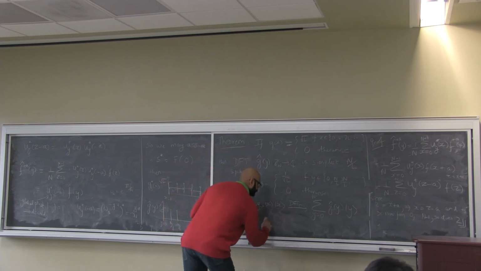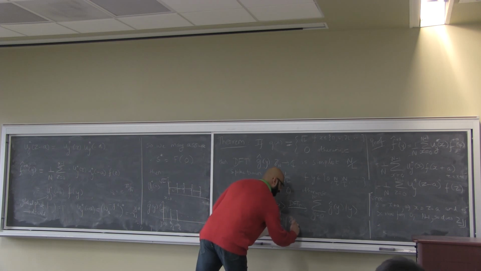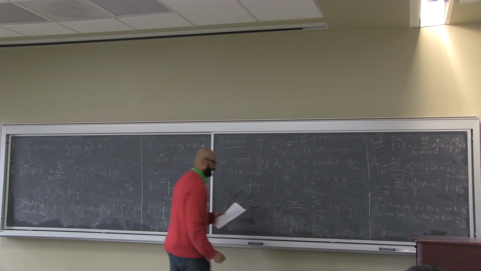Which implies, we know this by this relation, that the summation y equal to 0 to n minus 1 of modulo g tilde of y the whole square must be equal to 1. Okay?